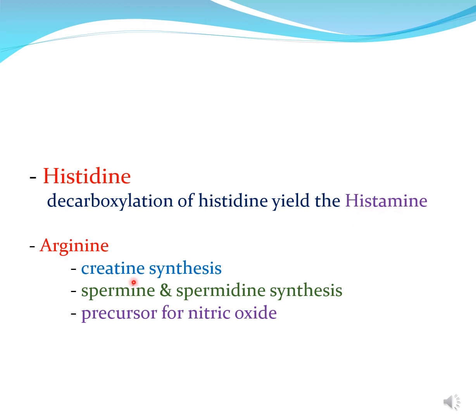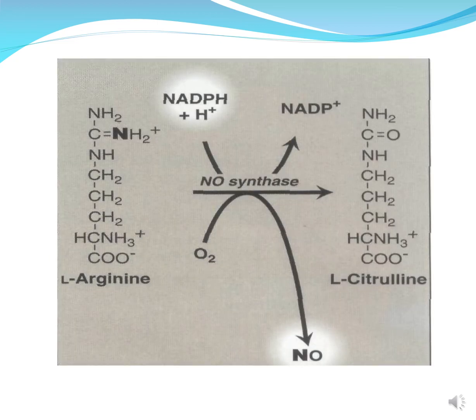Arginine is important for synthesis of creatine with glycine, for synthesis of spermine and spermidine, the growth factors, and it is a precursor for nitric oxide. Nitric oxide, not nitrous. Nitric oxide is a very important reactive substance formed by this reaction.